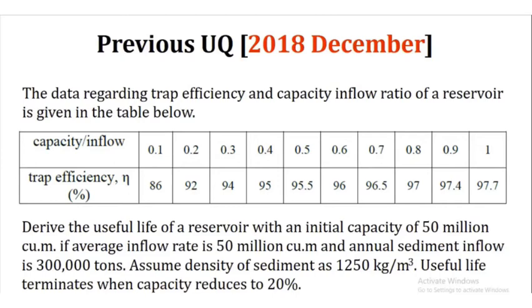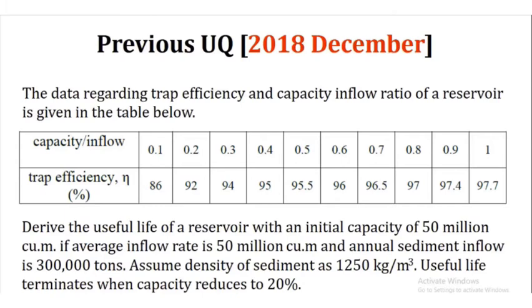So as I said, we are given information about initial capacity, that is it can carry 50 million cubic meters, and then there is the average inflow rate, that is how much volume of water and sediments is coming to the reservoir, that is 50 million cubic meters.